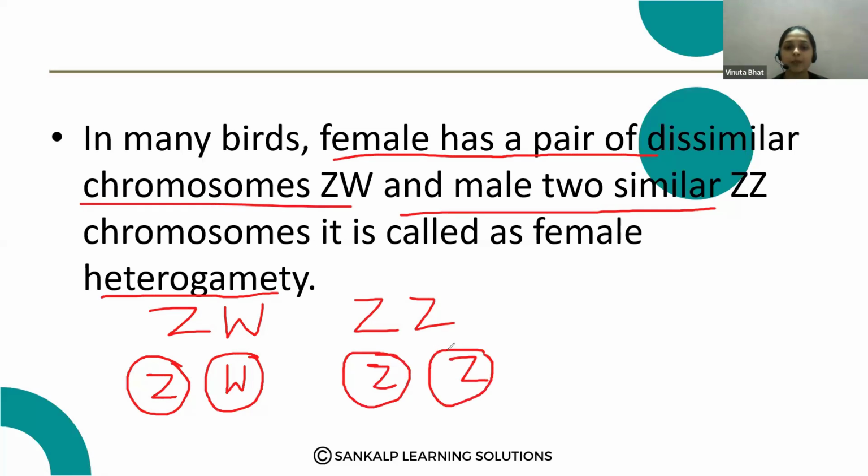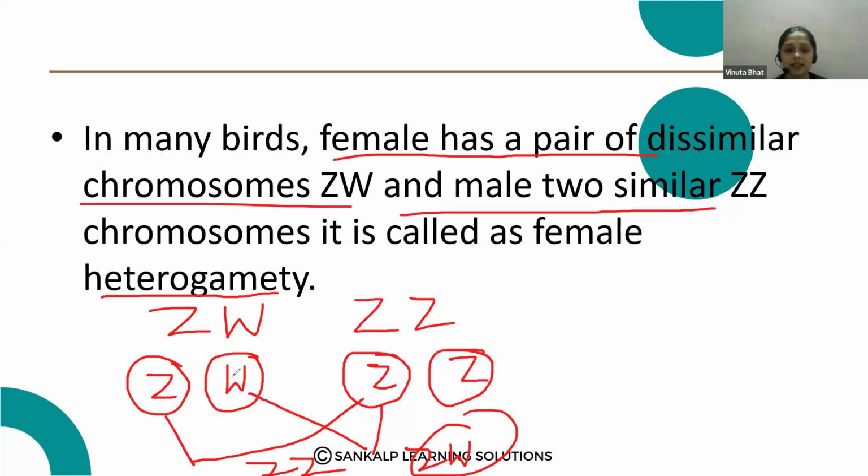Okay, so in this type of sex determination done in birds, female heterogamety is present. When the Z gamete of the female fuses with the Z gamete of the male, it develops into a male. When the W gamete of the female fuses with the Z gamete of the male, it will develop into a female.